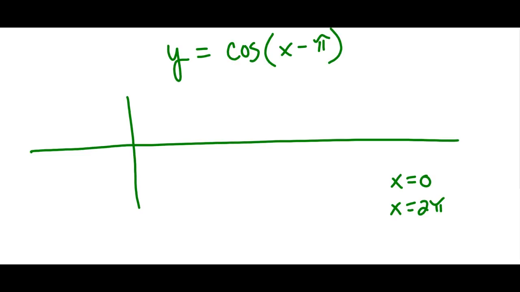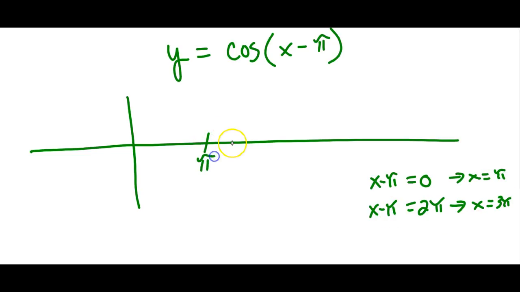But it's not just x. So I need to set what's in the parentheses equal to 0 and 2 pi. And so it's going to be x minus pi equals 0, and x minus pi equals 2 pi. So this gives me x equals pi, and this gives me x equals 3 pi. And so that's where we're going to start. We're going to start at pi, and it's going to go to 3 pi.